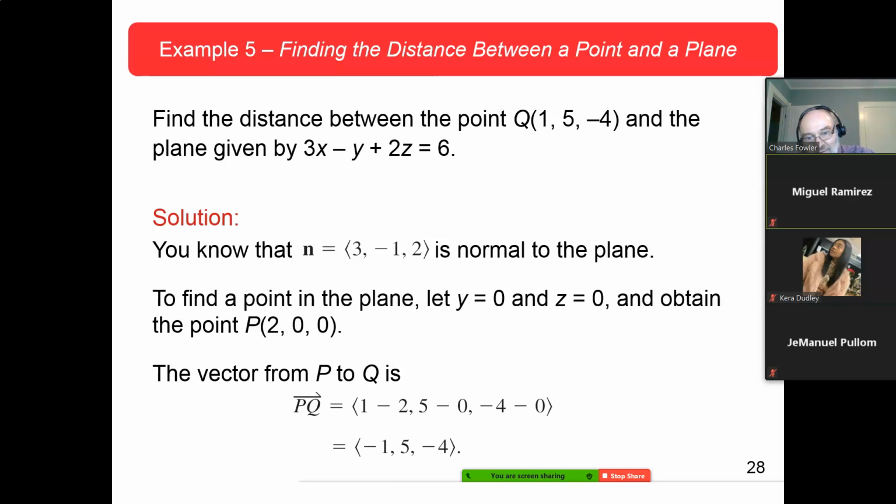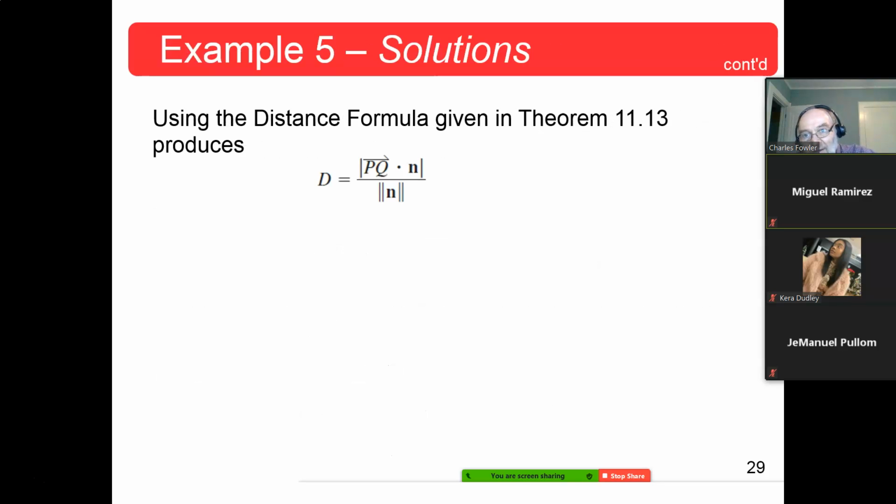Okay, I got lost where we were there. Okay, then using the distance formula given in 11.3, the dot product between PQ and n divided by the magnitude of n.